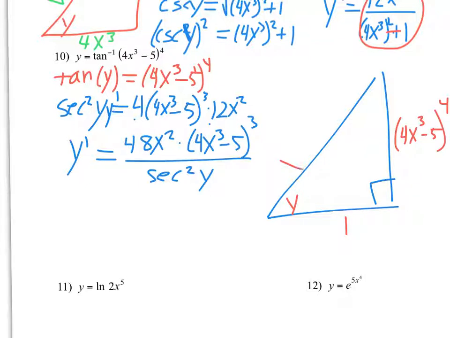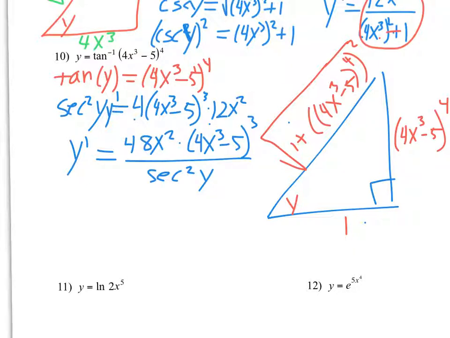That means that the hypotenuse is going to be the square root of 1 plus, and you're going to love this one, I'm going to do double parentheses going on here, 4x to the third minus 5 all to the fourth, all squared. Thank you, Mr. Butterworth, for this lovely problem. I totally blame you, and I hope that all of our students blame you too, because this is lots of stuff. That means that secant, which is hypotenuse over adjacent, is going to be the square root thing.